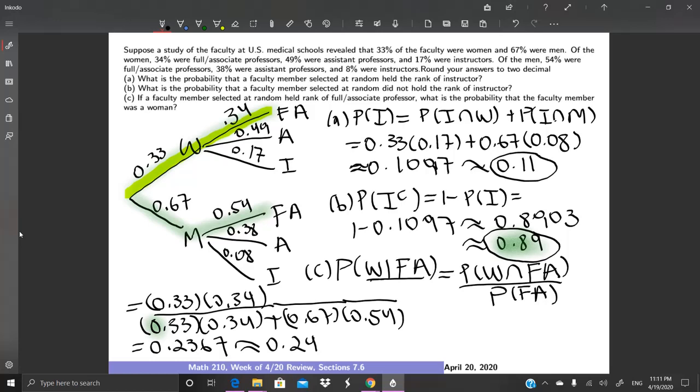Right, so if you can do this problem, and essentially it just comes down to, can you draw the tree diagram? Do you know what comes first? If you can do this, you can do every problem in 7.6, and you can do every problem on the quiz, and you should be good.